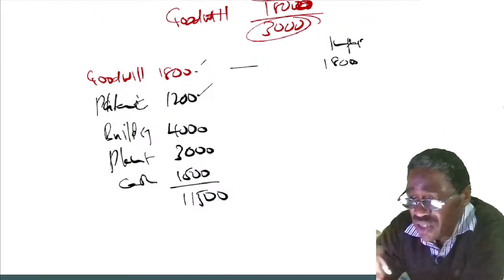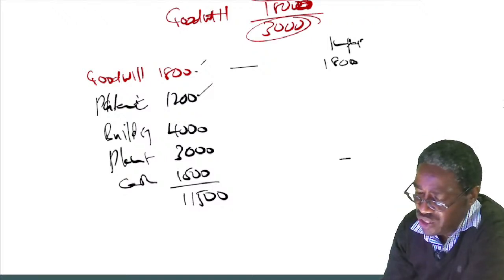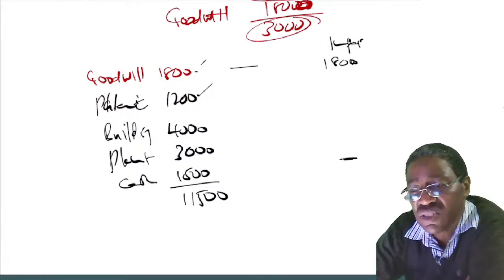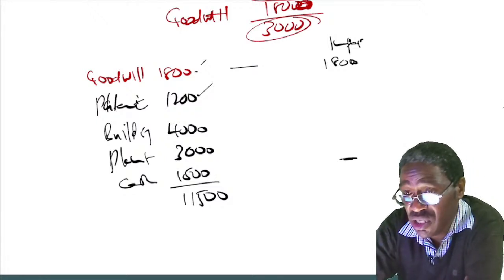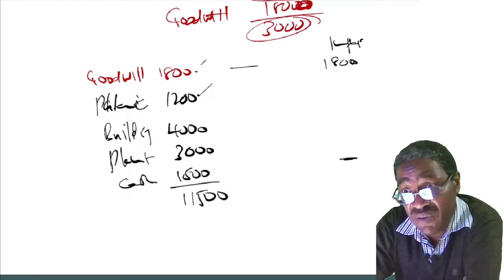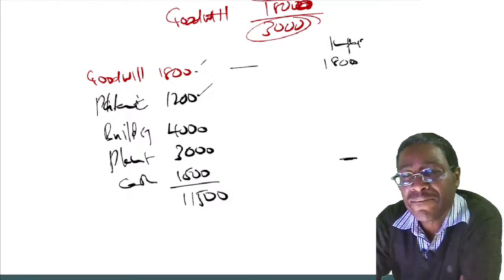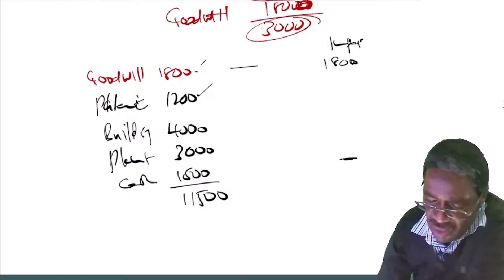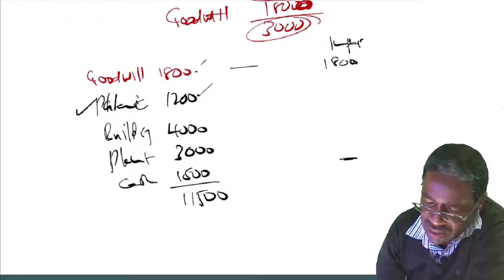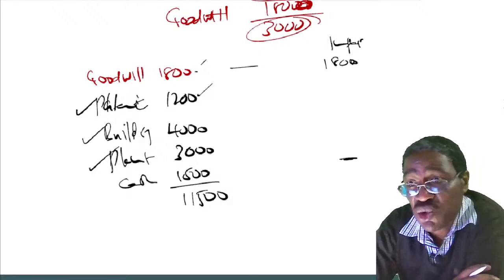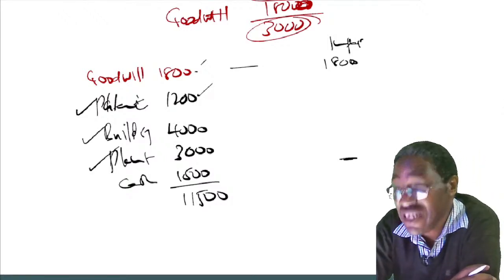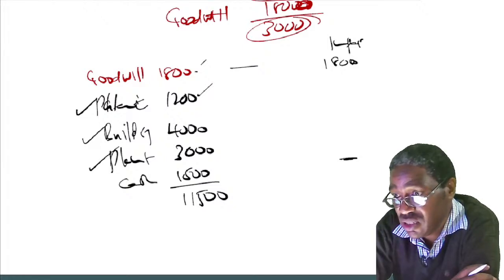So it is obvious, therefore, that you should not allocate any loss to cash, because it's already stated at its fair value. Now listen carefully. Now I'm remaining with three assets: patent, building and plant. To allocate a balance of how much? 3 million.